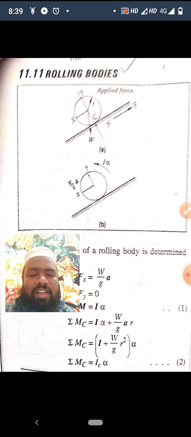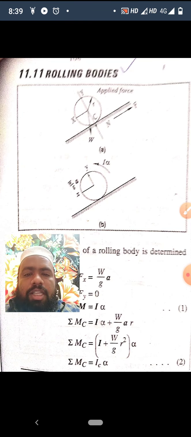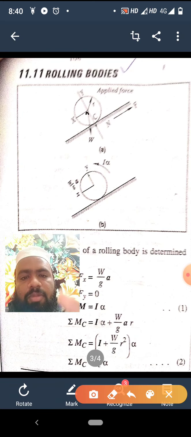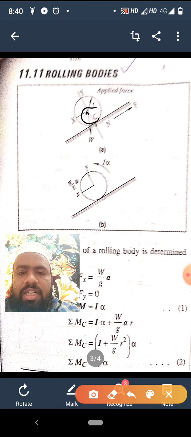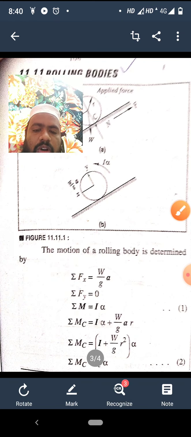So here he is finding the moments about the center. We have to consider this point for moments. The algebraic sum of the moments is equal to I alpha.